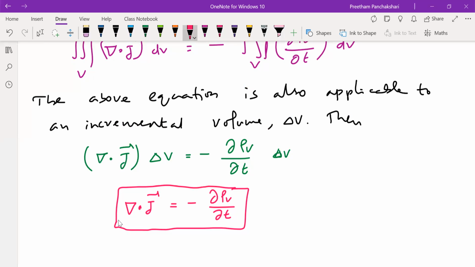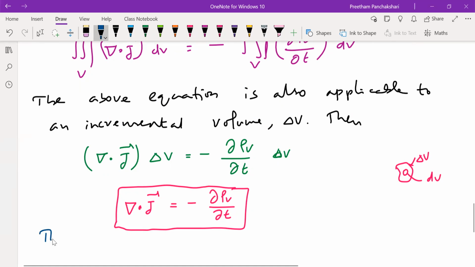What volume? A differential volume, not even incremental. An incremental volume is a smaller volume, a differential volume is even smaller. That is dV, and the incremental one is delta V. The differential volume is so small that it could be assumed as a single point. Hence, this equation is called the point form of the continuity equation.